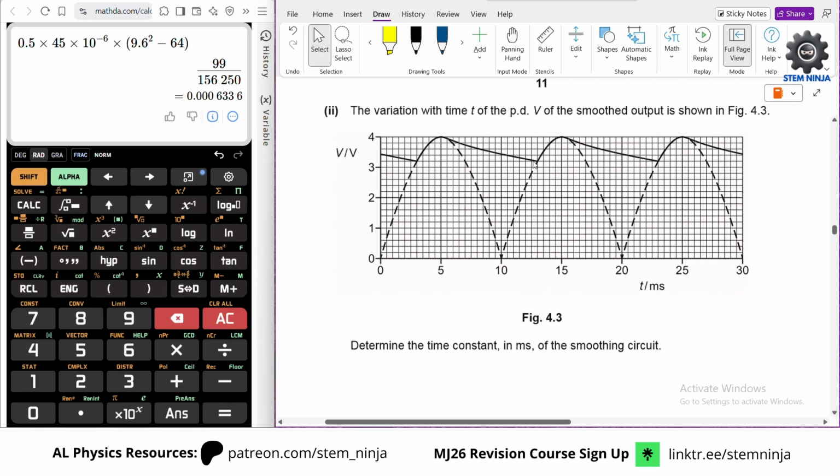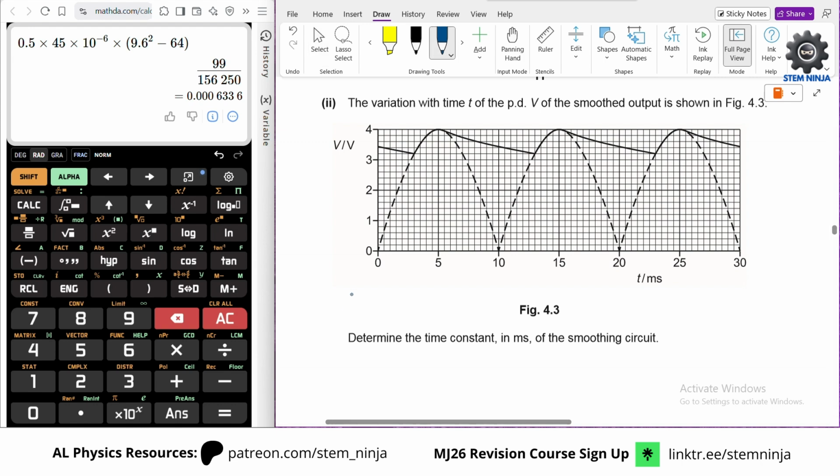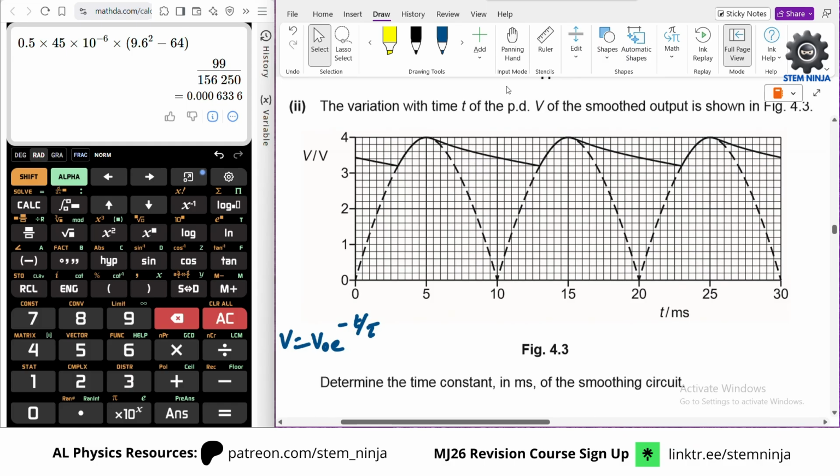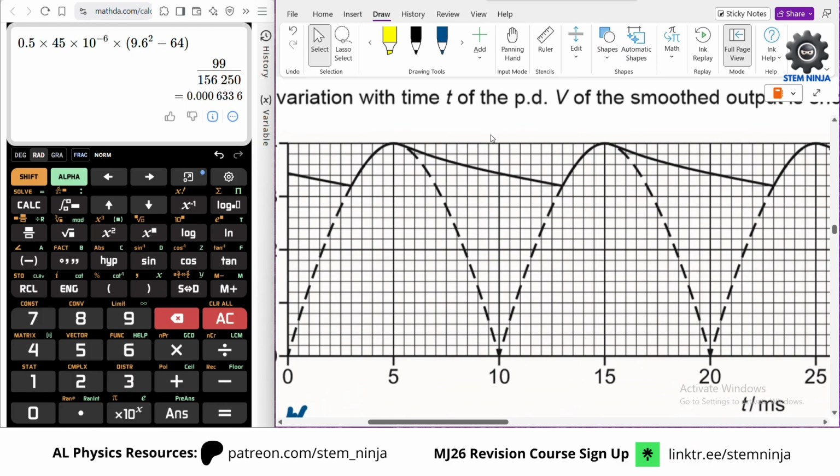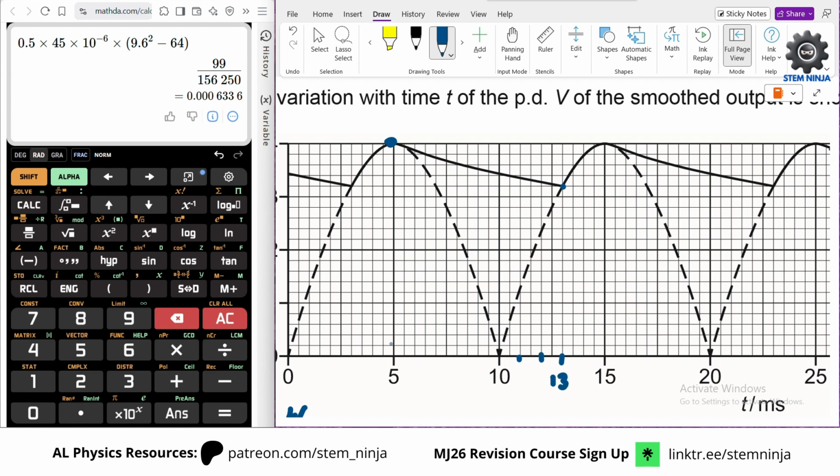Now, basically, we have the relationship V equals to V naught e raised to power minus t over time constant, which is RC. So we need the time constant, so we basically need two values that are starting, and we need the time difference between them also. So let's start with 5 and let's end it over here. Okay, so this is 11, 12, 13, and this is 5.